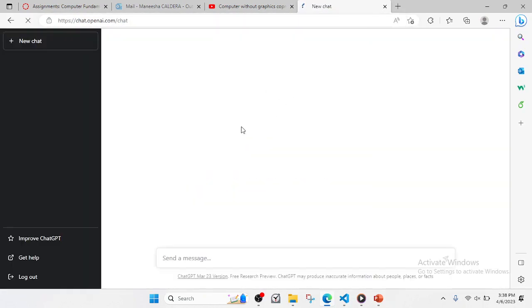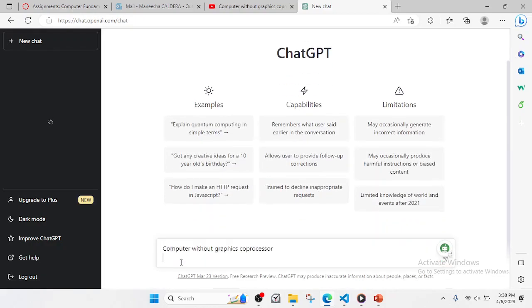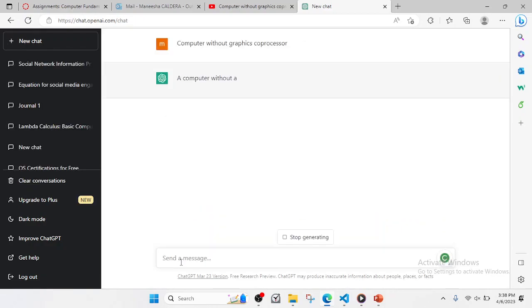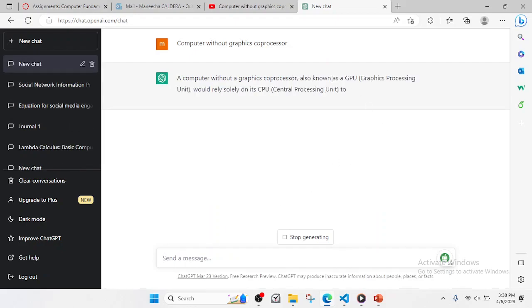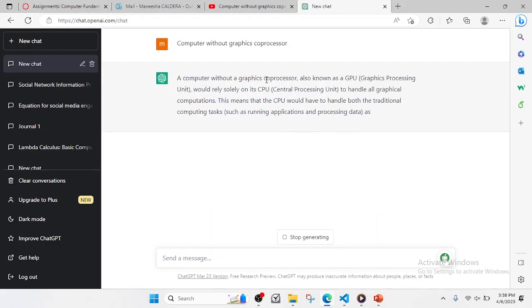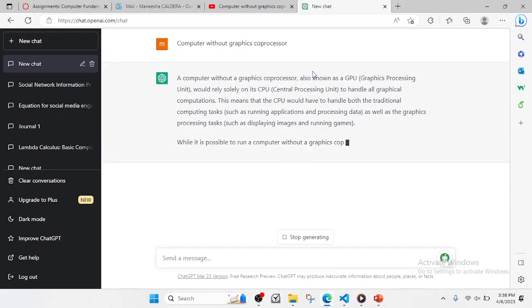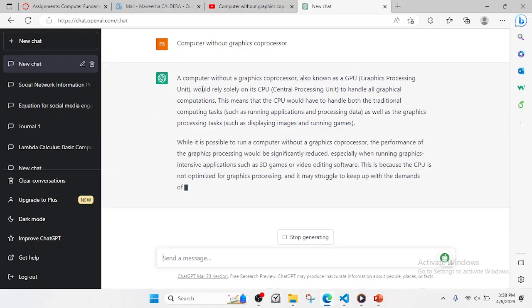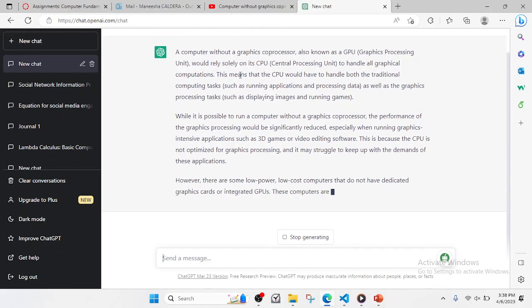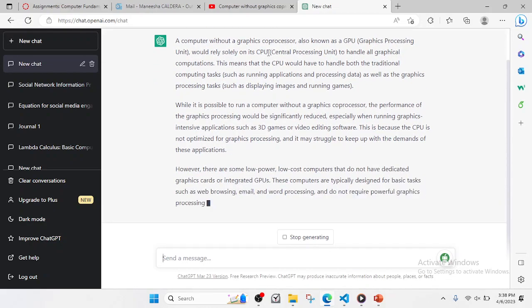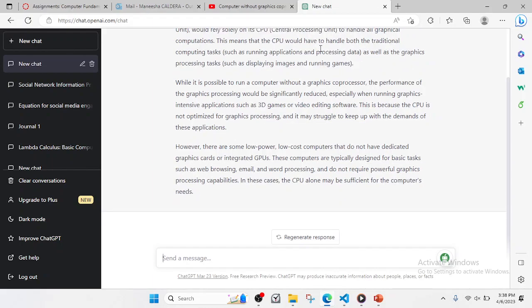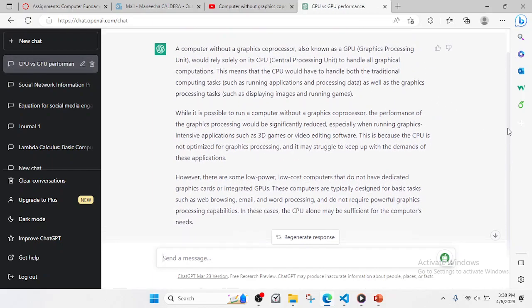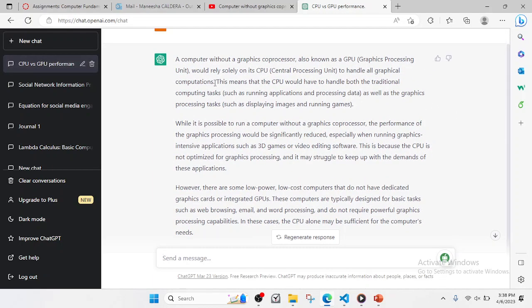Then we'll ask the question. How to solve this question? I don't know. I have a question. I'll ask the question. Now it's telling a computer without graphics coprocessor, also known as a graphics processing unit, would rely solely on the computer's central processing unit to handle all graphical computations.